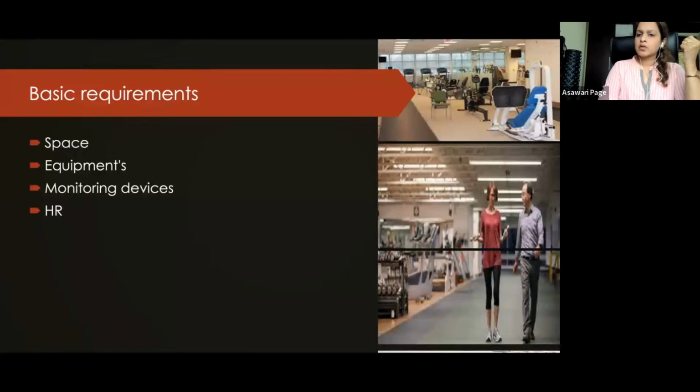So let's come down to the basics of it. What are the basic requirements when we are setting up a setup for cardiopulmonary individuals? We have to look even more than this, I feel, at the broader perspective of cardiopulmonary rehab, that is fitness.